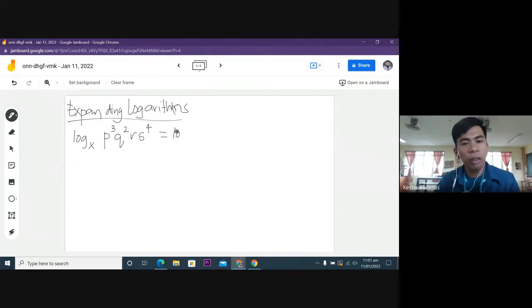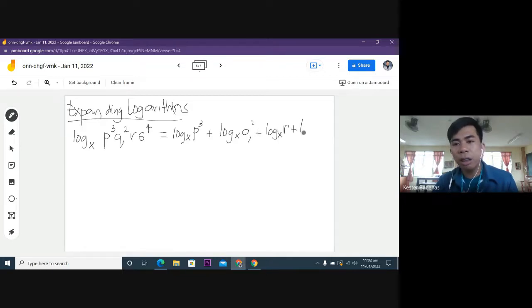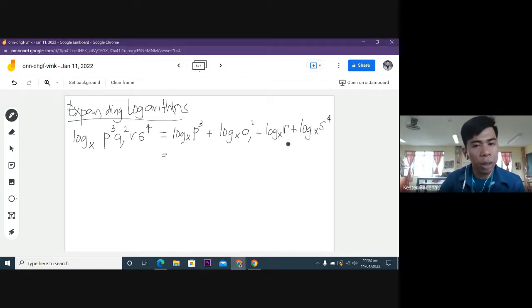So, we have logarithm of p cubed with the base x plus logarithm of q squared with the base x plus logarithm of r with the base x plus logarithm of s raised to 4 with the base x. Ayan. Product ang inuna.